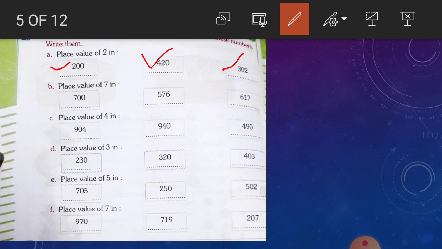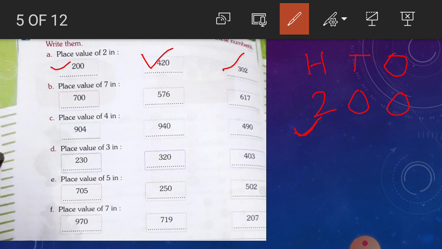So first write the place value chart in this way, ones, tens and hundreds, because now you have to write 3 digits numbers. So first write the place value chart, then put the number here. And now look at 2. 2 in 200, you can see 2 is at hundreds place.